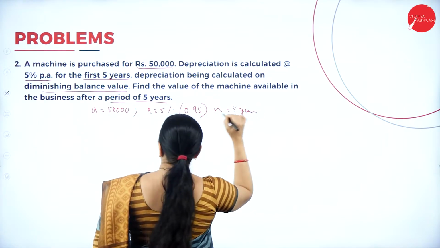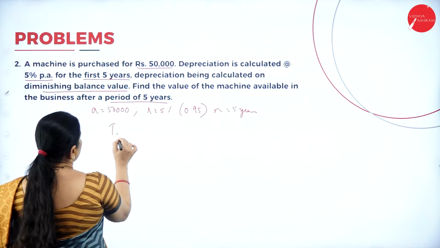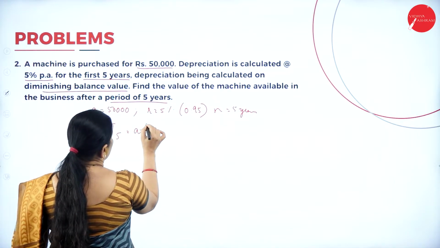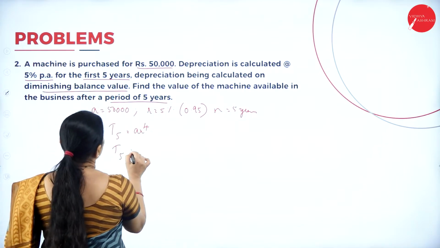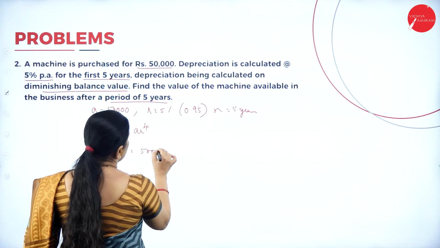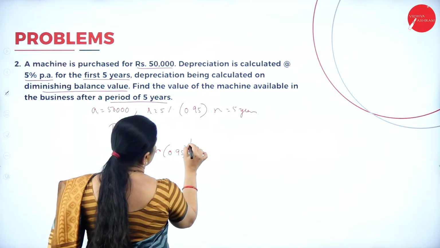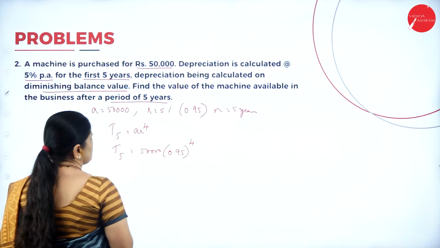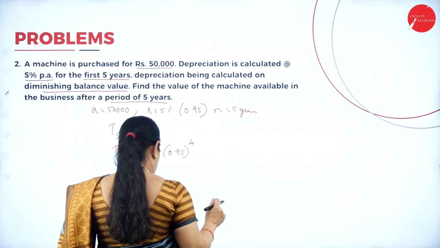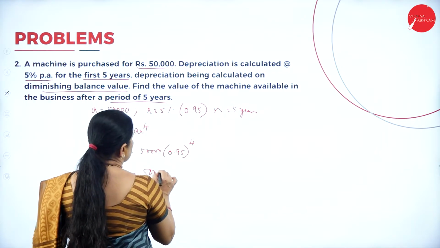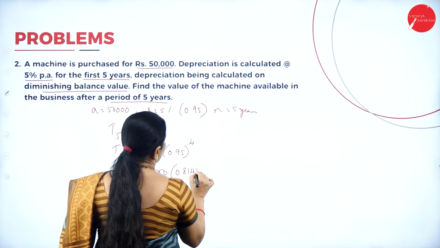So, we are making use of this Tn formula. So, T5 equals AR to the power 4. So, T5 will be 50,000 into 0.95 to the power 4. So, when you simplify this, we get 50,000 into 0.8145.